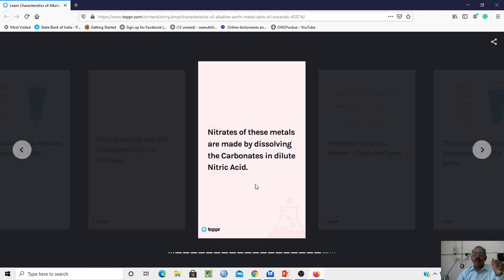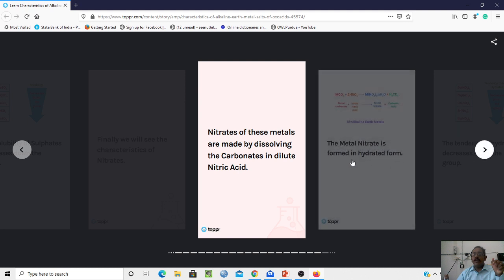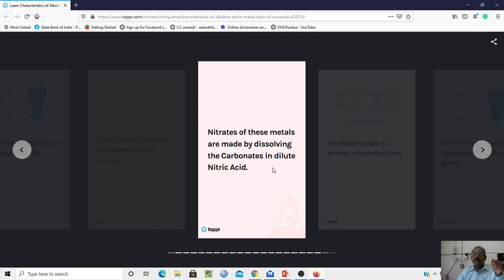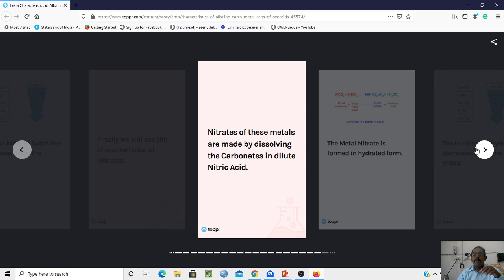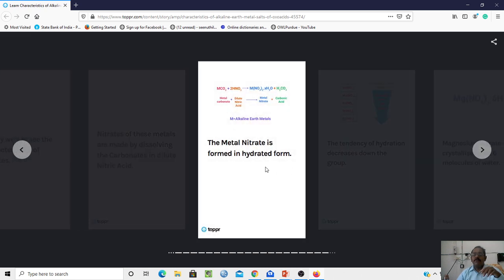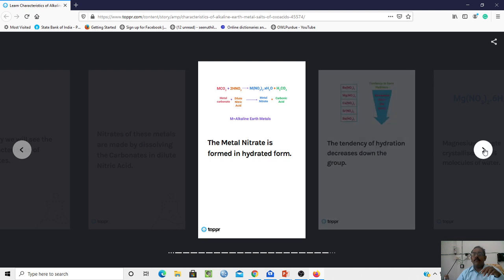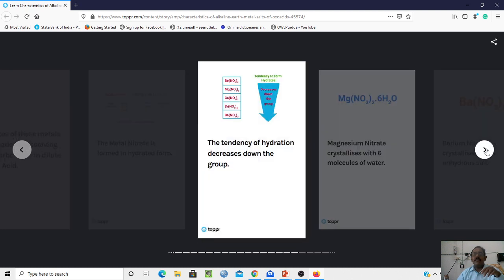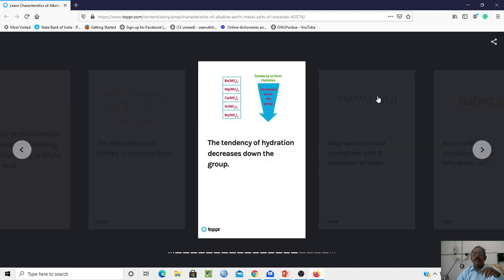Nitrates of these metals are made by dissolving the carbonates in dilute nitric acid. So if you dissolve magnesium carbonate in nitric acid, you will get magnesium nitrate. The salt is formed in hydrated form. The extent of hydration decreases down the group.